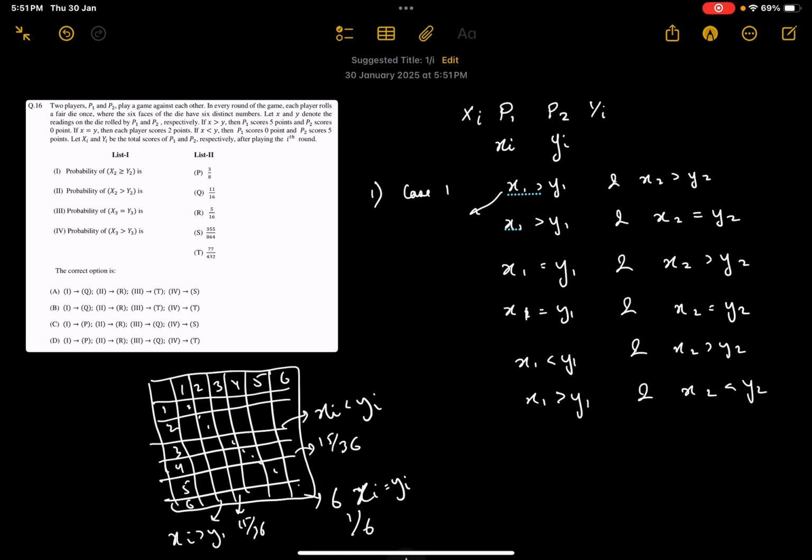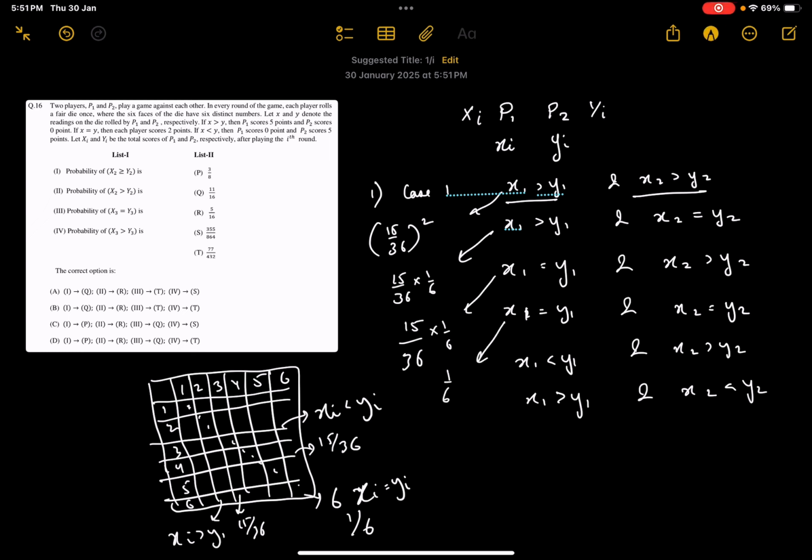So this probability becomes 15 by 36 squared, because this is 15 by 36 multiplied by another 15 by 36. This is 15 by 36 into 1 by 6, this also is 15 by 36 into 1 by 6, and this is 1 by 6 squared.